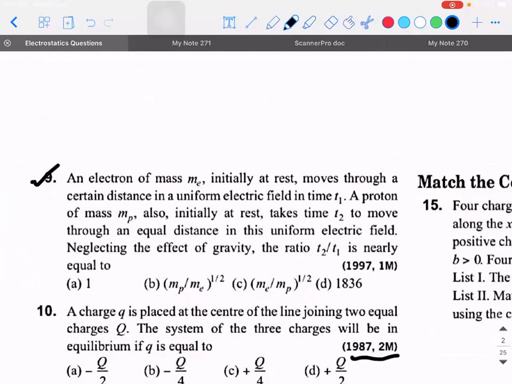An electron of mass ME initially at rest moves through a certain distance in a uniform electric field in time t1. A proton of mass MP, also initially at rest, takes time t2 to move through the same distance in this uniform electric field. Neglecting the effect of gravity, the ratio t2 by t1 is nearly equal to.